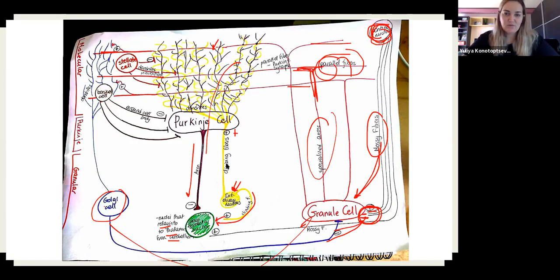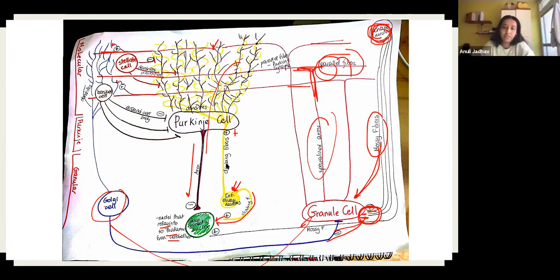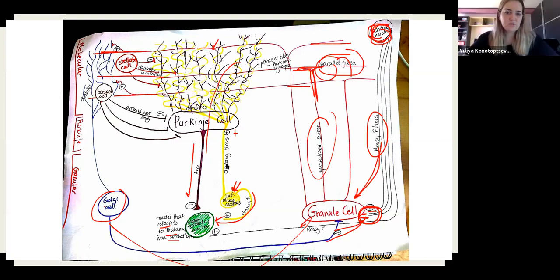Okay, quickly, so you know what's happening. Which nuclei stimulate the deep cerebellar nuclei? Inferior olivary and pontine. Through what does the inferior olivary excite?